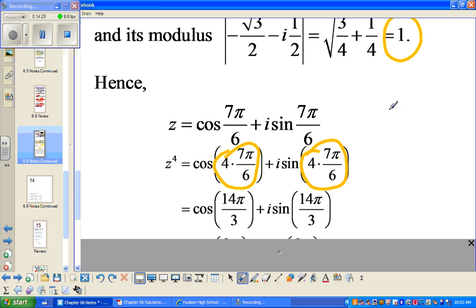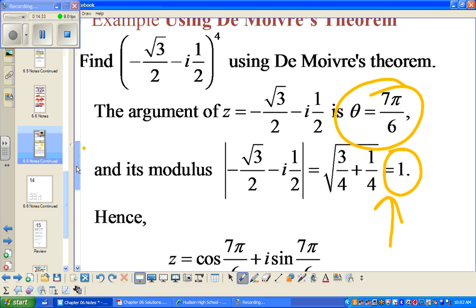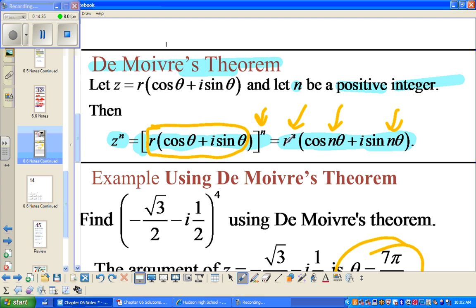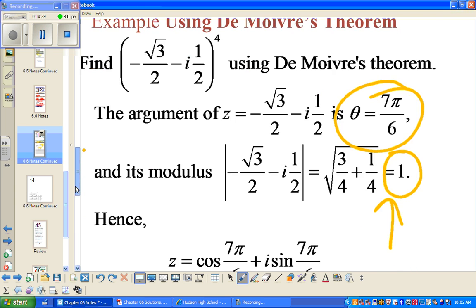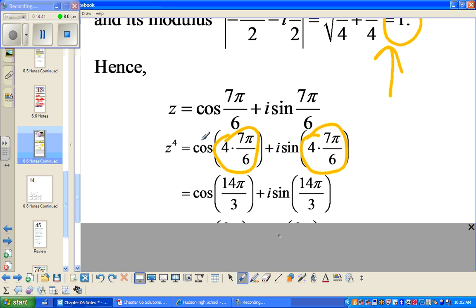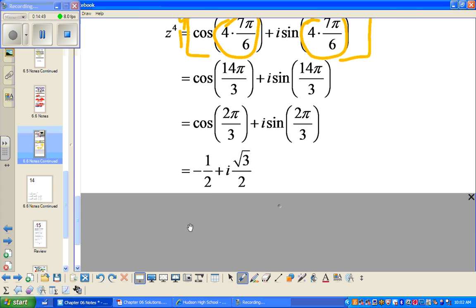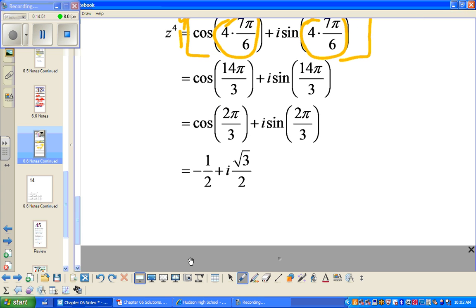And if the modulus was any number other than 1, remember back to the formula here, I would be taking that value to the nth power. So technically what I have out front here, I'd have a bracket and a 1 to the 4th power, which just equals 1, so I didn't really need it.